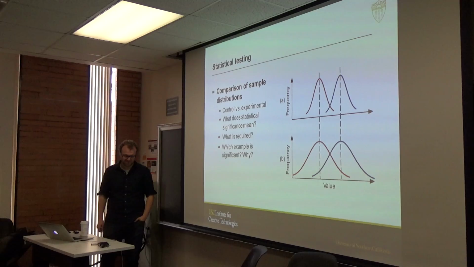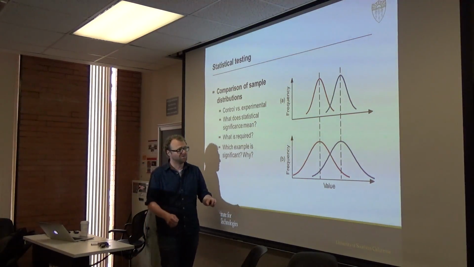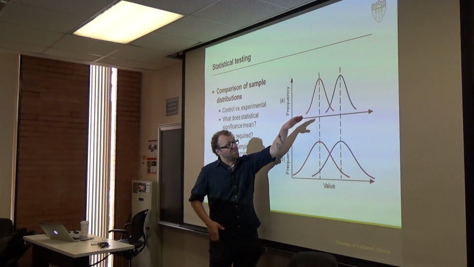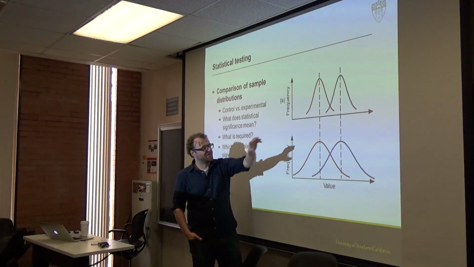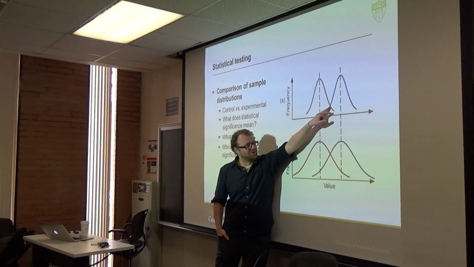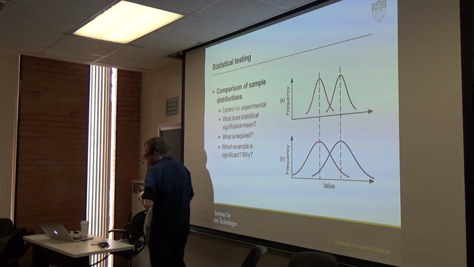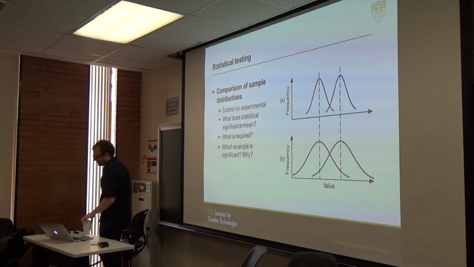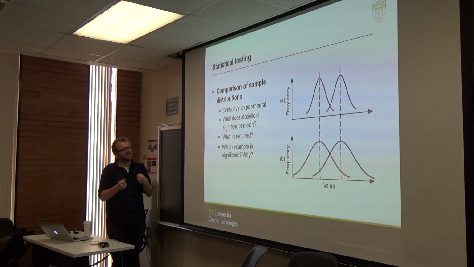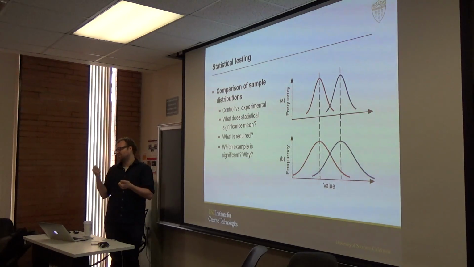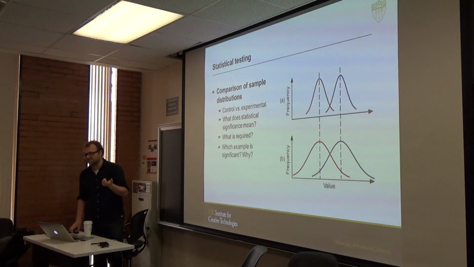And what we often want to do is we only want to say that one is significantly better than the other if there is only very little chance that their performance or the values are actually going to be the same. So we want to measure how unlikely it is that what we observe to be a difference is actually a difference by chance, or is a difference by the independent variable that we chose.